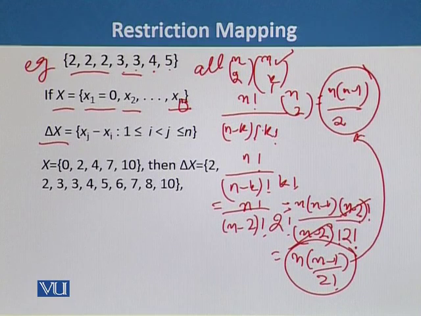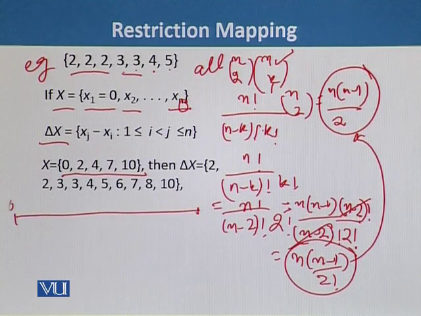So if we assume that we have a set of these elements and we plot it on a line segment starting from 0, 2, 4, 7 and 10, we can calculate all the possible subsets of this set.